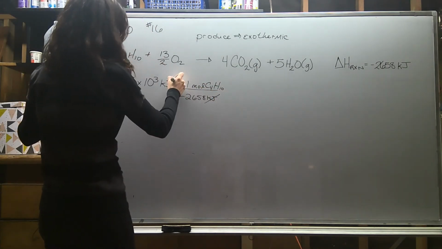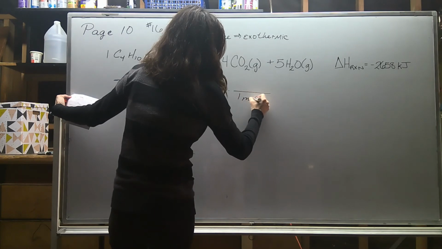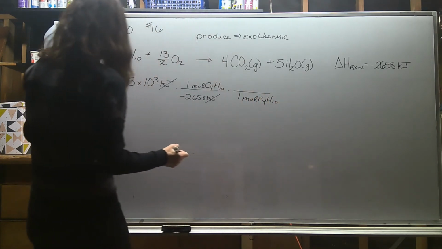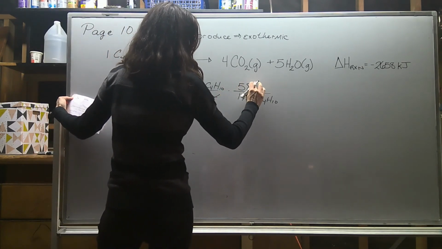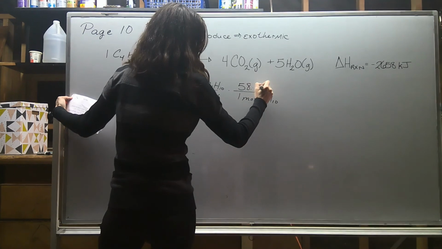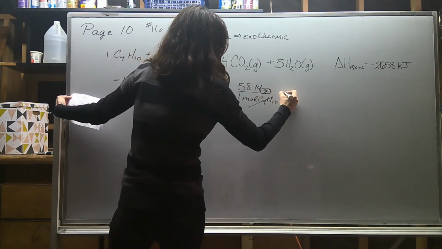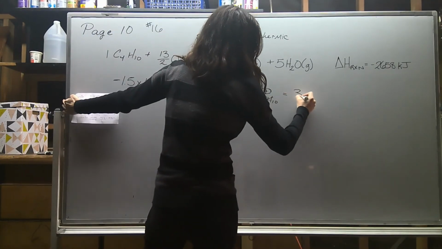So kilojoules cancel kilojoules. And now I'm going to use the molar mass of butane, which is 58.14 grams. And I'll be left with the grams of butane, which is 32.8.